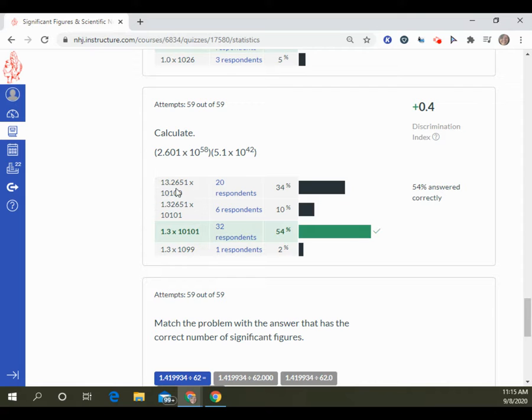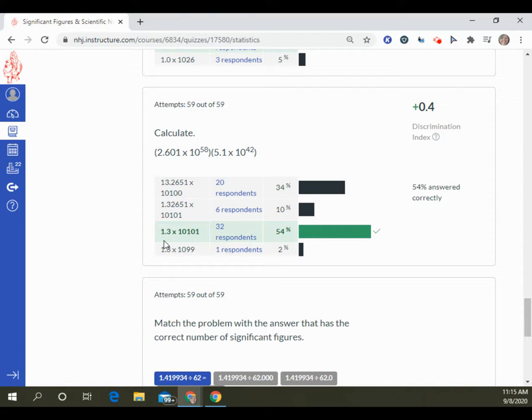However, 13 anything in scientific notation won't work. So we have to make the proper scientific notation. And when we look at this, we're going to employ LARS again. Left add, right subtract. So if I move my decimal to the left, which is what I'm doing right here, then I need to add 1 to the exponent.